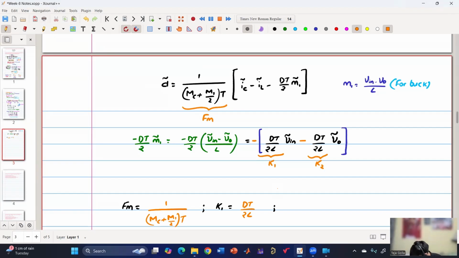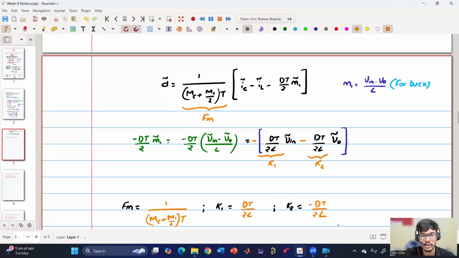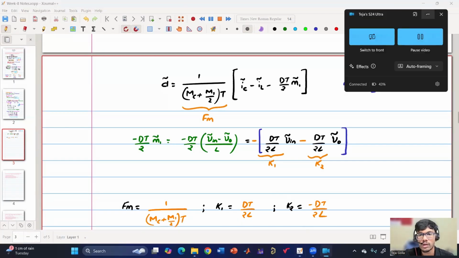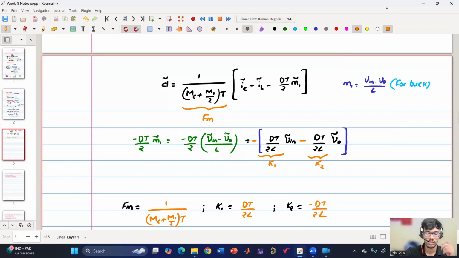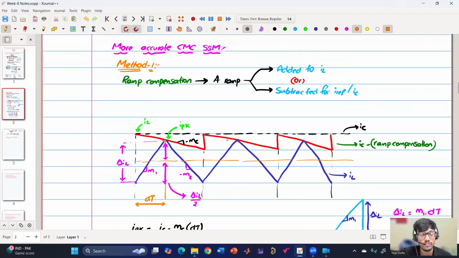And then K2 is minus dt by 2L. So these are the constants that we'll be getting. Yes, sir. So if you don't have any queries, then we'll proceed to method 2.